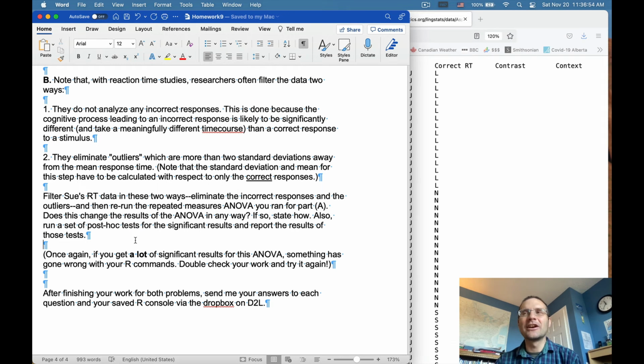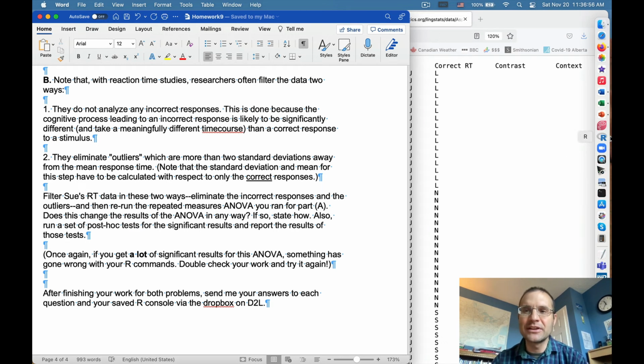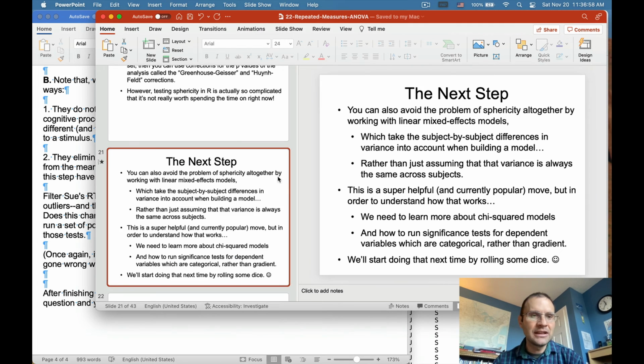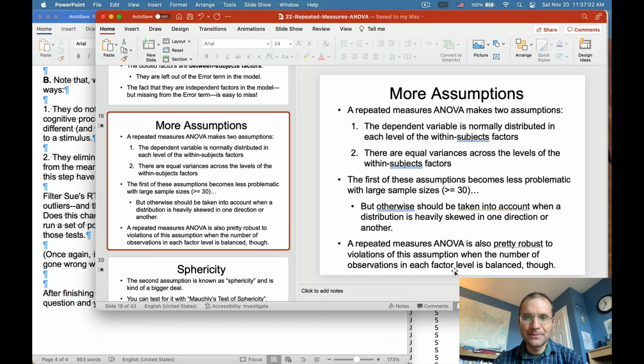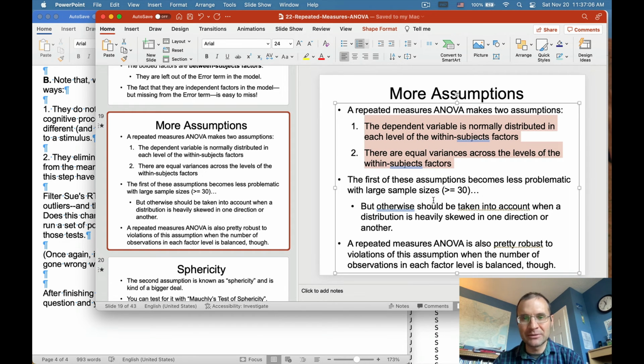And I'm going to mention here, there are some assumptions of the repeated measures ANOVA which are supposed to be satisfied in order for this to be meaningful. One way that you can help yourself out if you can't satisfy these assumptions is to make sure the number of observations in each factor level is balanced.